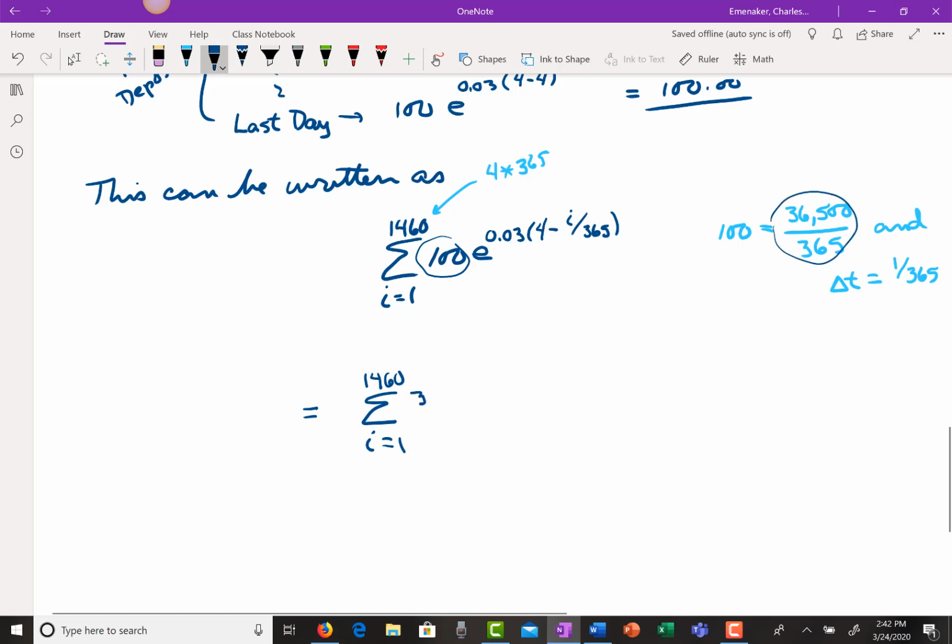So this is going to be 36,500 over 365, and we're going to have our e raised to the 0.03 times (4 minus i over 365). So we've not changed the exponent. The only thing we've done here is to change how we're writing 100.